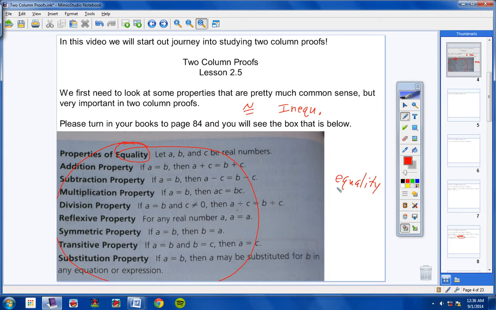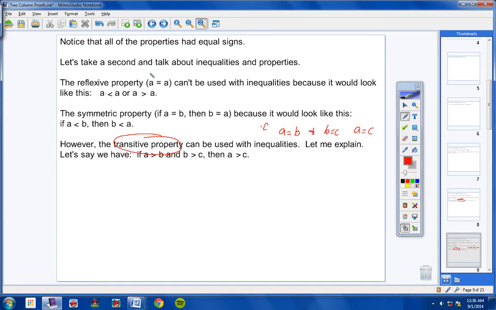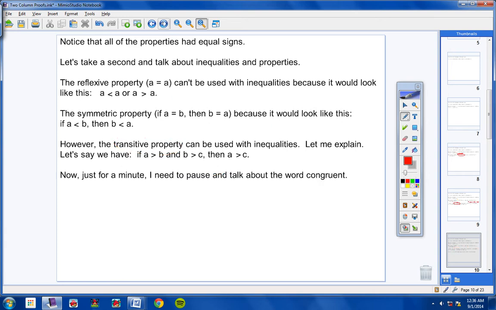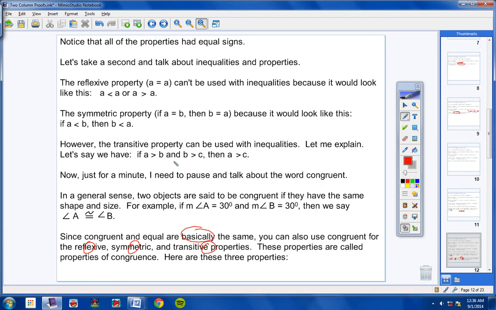That means we're using equal signs with all of these. And then we talked about the fact that we can use inequalities for one of these properties, transitive, okay? And now we're looking at congruence, and we're saying this. Congruency can be used for reflexive, symmetric, and transitive.